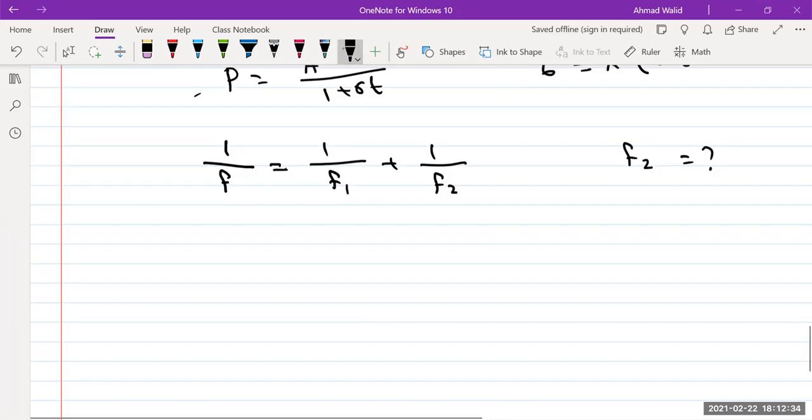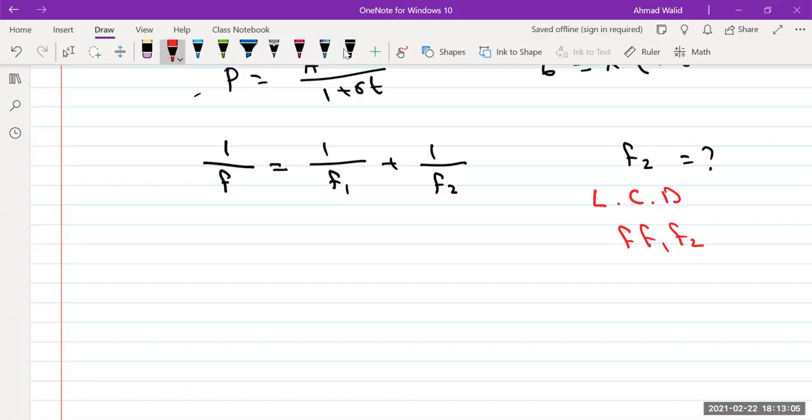Remember the day that I explained how to solve an equation involving fractions, I told you find the common denominator or LCD between the fractions. If I want to find the LCD here, my LCD will be F1 F2, correct?